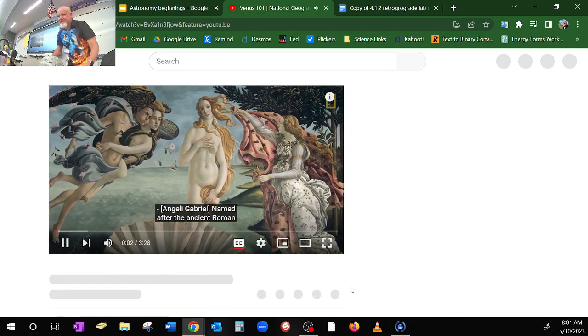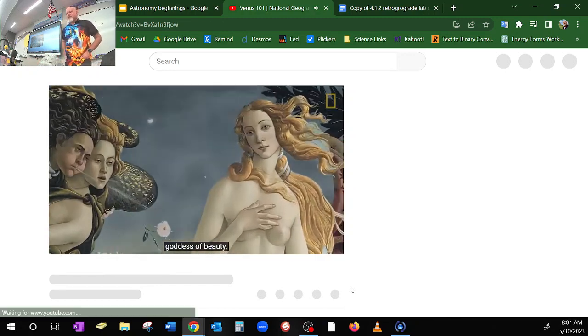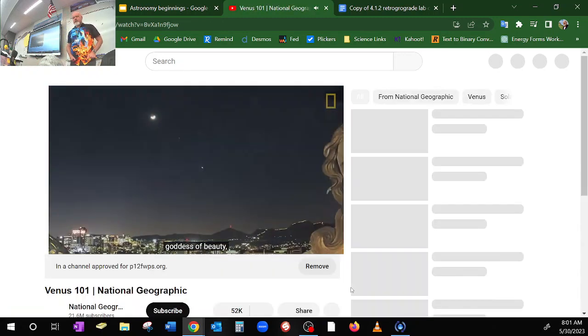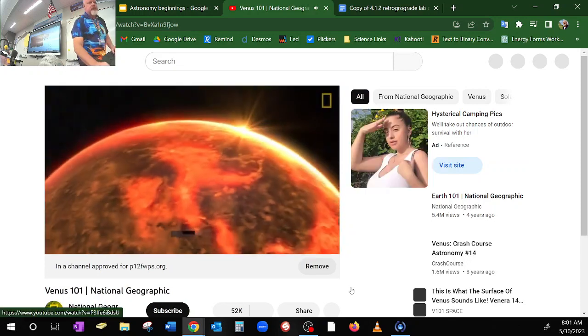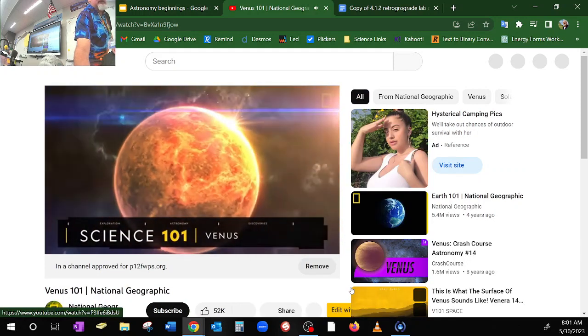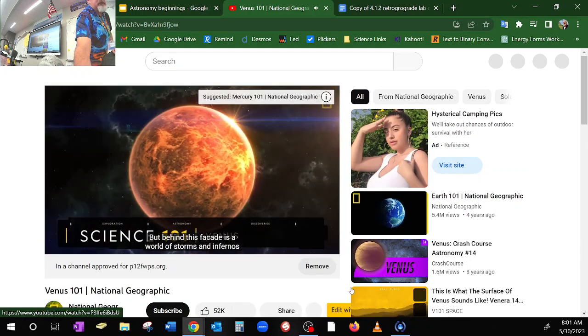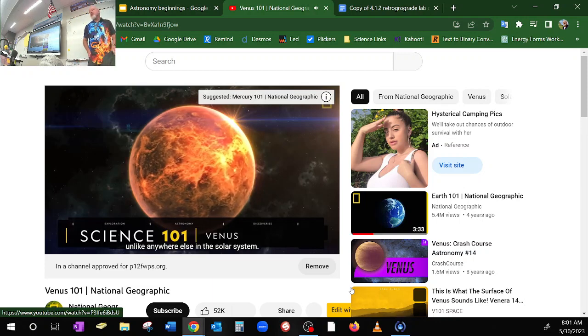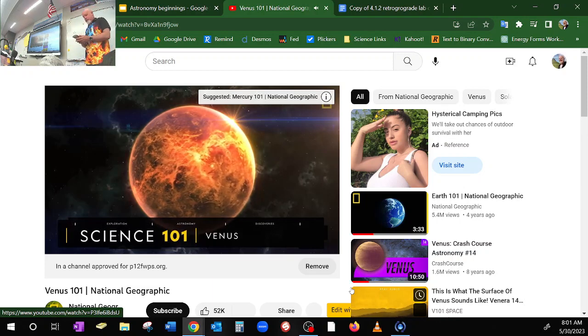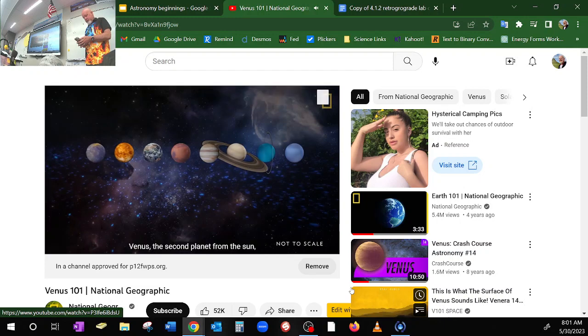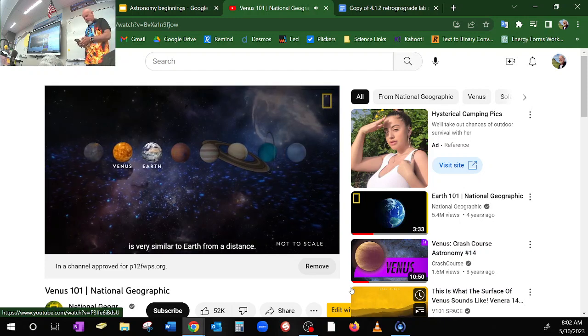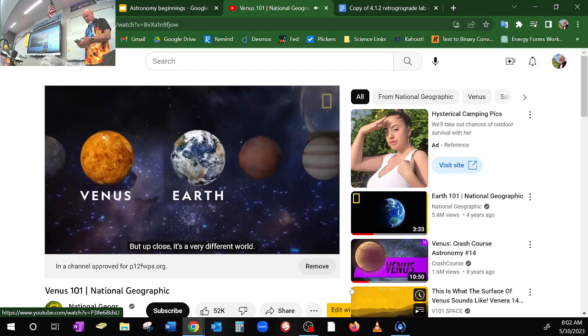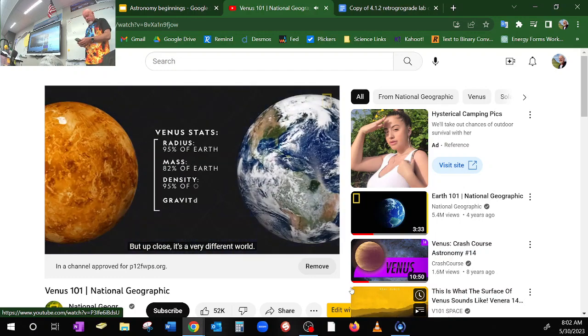Named after the ancient Roman goddess of beauty, Venus is known for its exceptional brightness in the night sky. But behind this facade is a world of storms and infernos unlike anywhere else in the solar system. Venus, the second planet from the Sun, is very similar to Earth from a distance, but up close, it's a very different world.